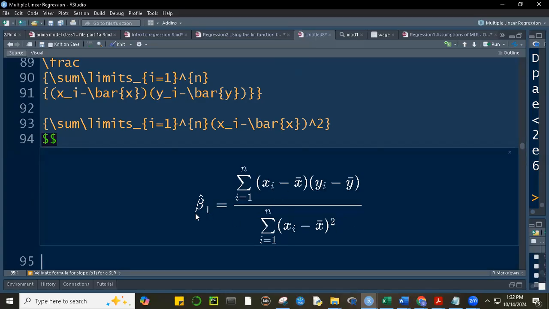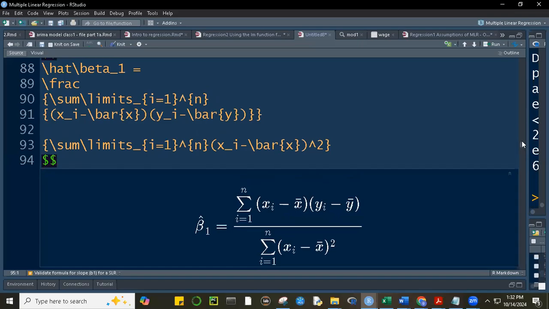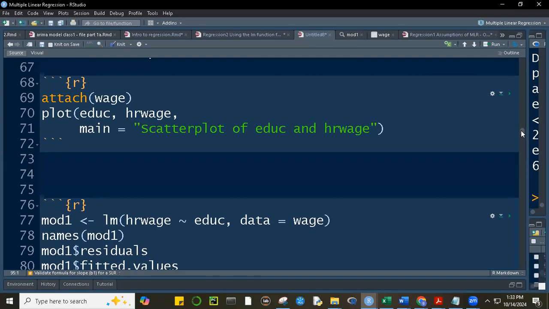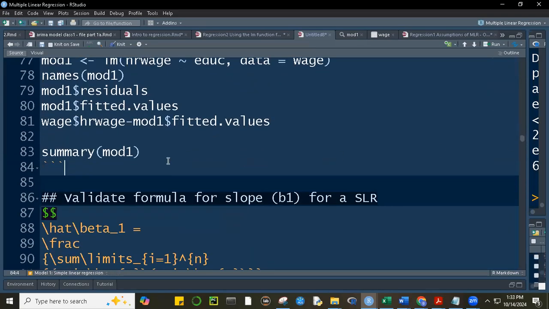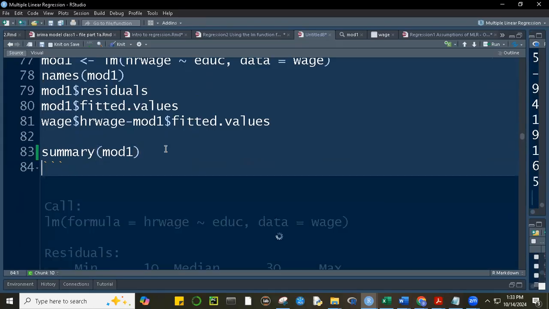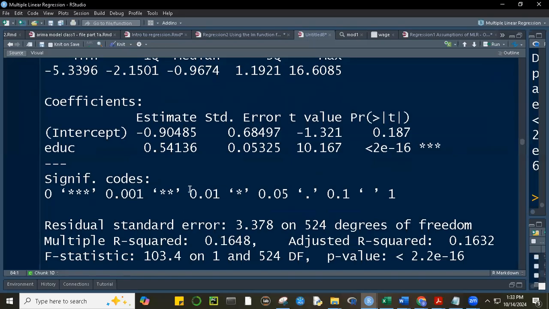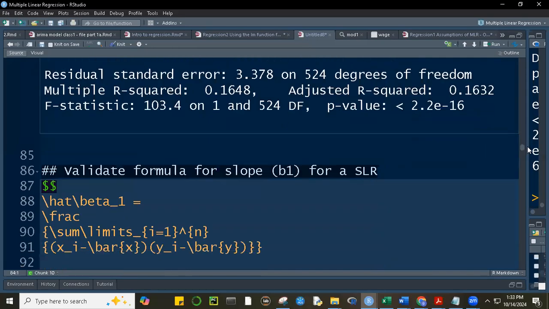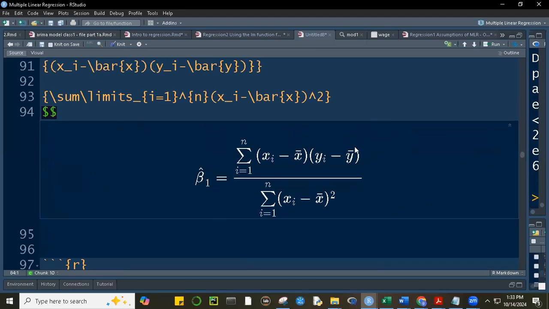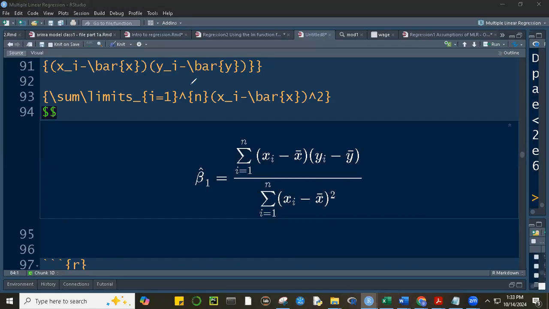This is the formula for your slope. Ito yun, yung summary model 1 natin. Ito, class: 0.54. That's the formula for your slope. This is how it was generated. So, tingnan natin ito very quickly, class, just to understand what this formula is.